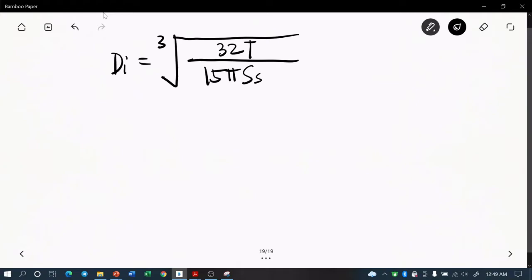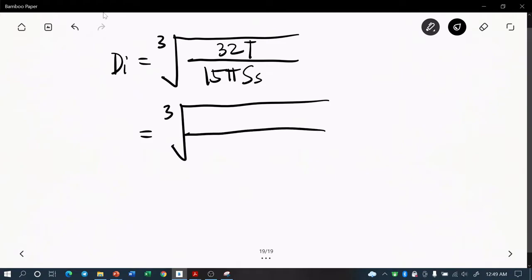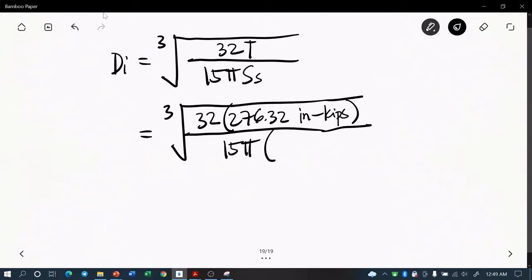So simply here in this second requirement, we'll just have to plug in those values to obtain d sub I. So 32 times 276.32 inch-kips over 15 pi times our design stress, which is equal to 10 kips per inch squared.